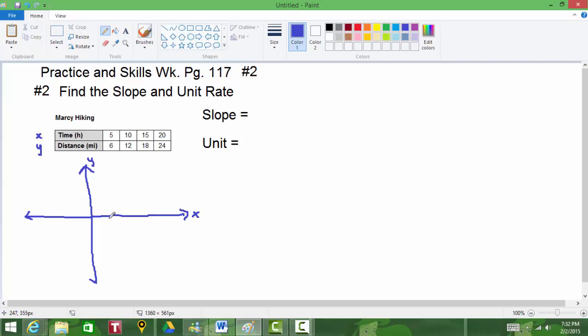For our X values, let's number off by 5s: 5, 10, 15, 20. All I'm trying to do is get an idea of what the problem's talking about. For distances, I need to go upward, and I'm going to go by 10s: 10, 20, and then 30.